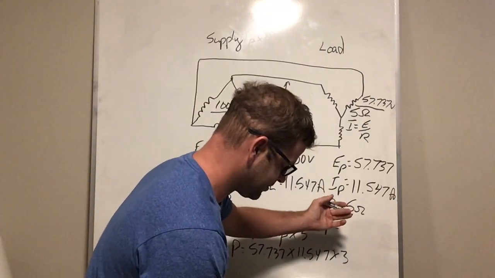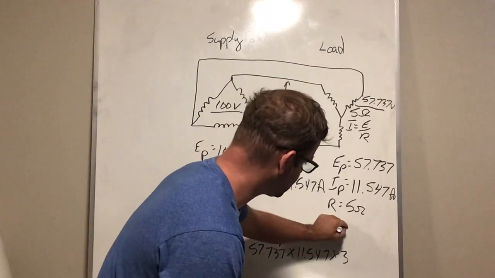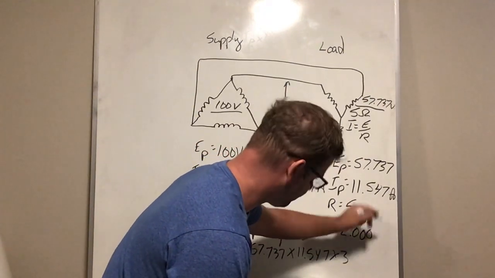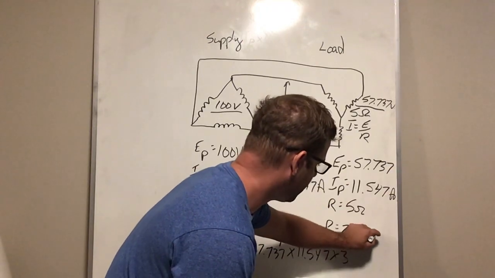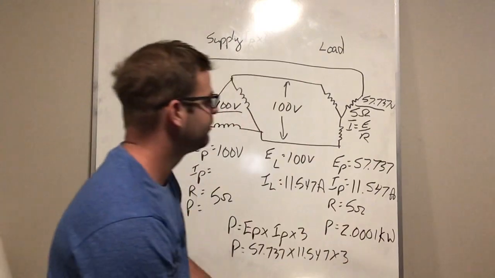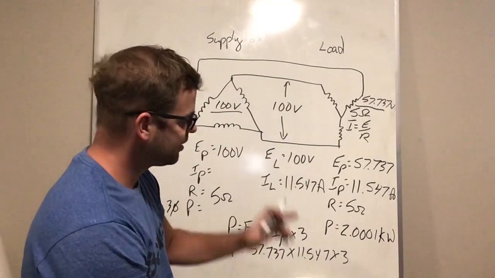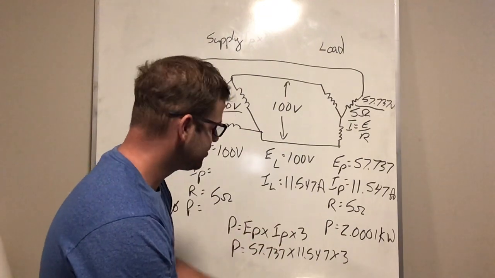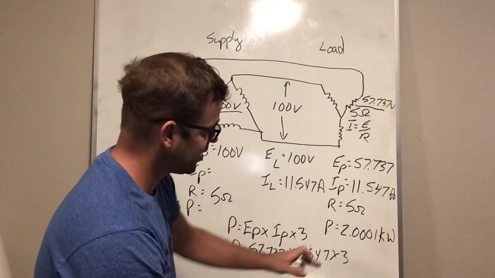It's 2.0001, so 2,000 kilowatts for my overall power. So depending on your rounding, it might be exactly 2 kilowatts, or it might be just a little higher or lower. So that's the overall power.